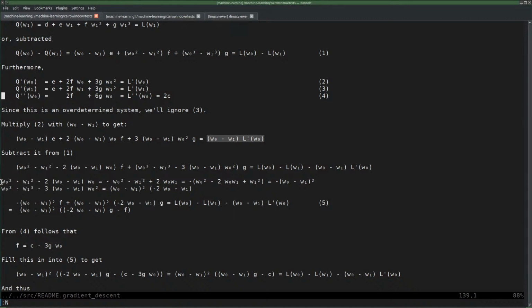Now note that this can be written as minus W0 minus W1 all squared.